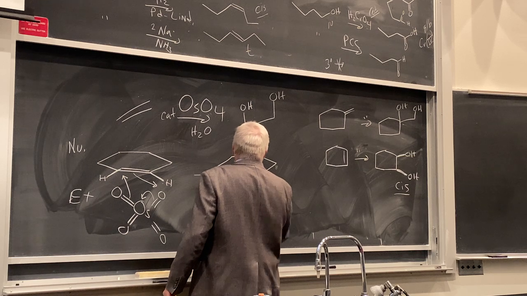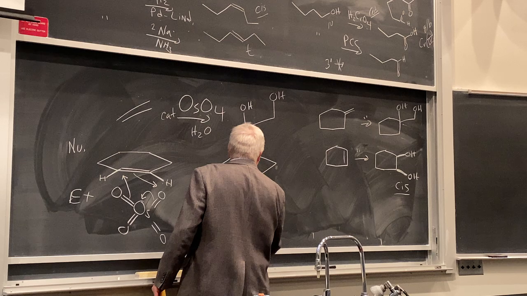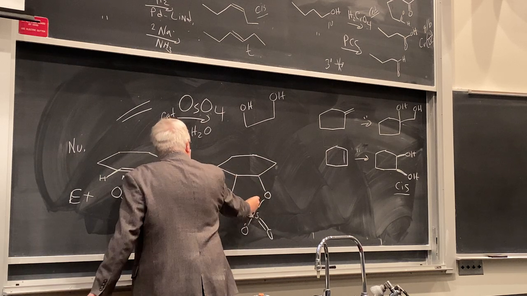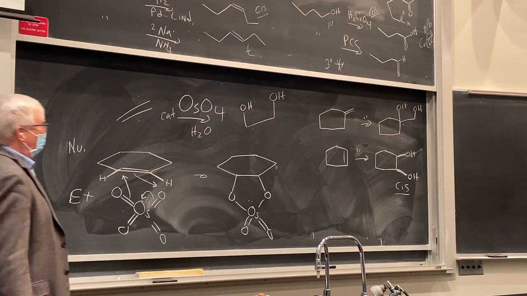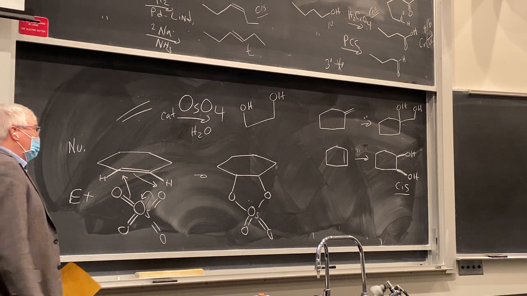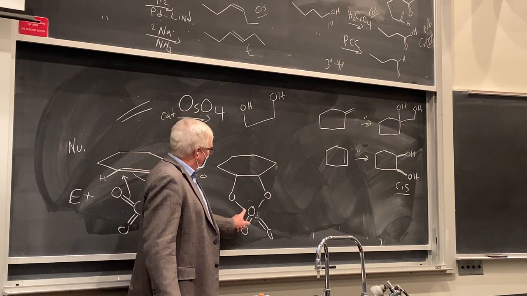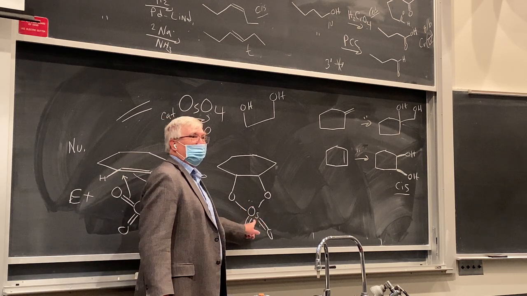It'll have oxygen, oxygen, osmium, and these other two are still there. I put some electrons on osmium. Okay, these are d electrons, if you remember your d series of transition metals, d orbitals. We're not going to analyze all that, but you can see now we've got, 1, 2, 3, 4, 5, 6 lines to osmium.